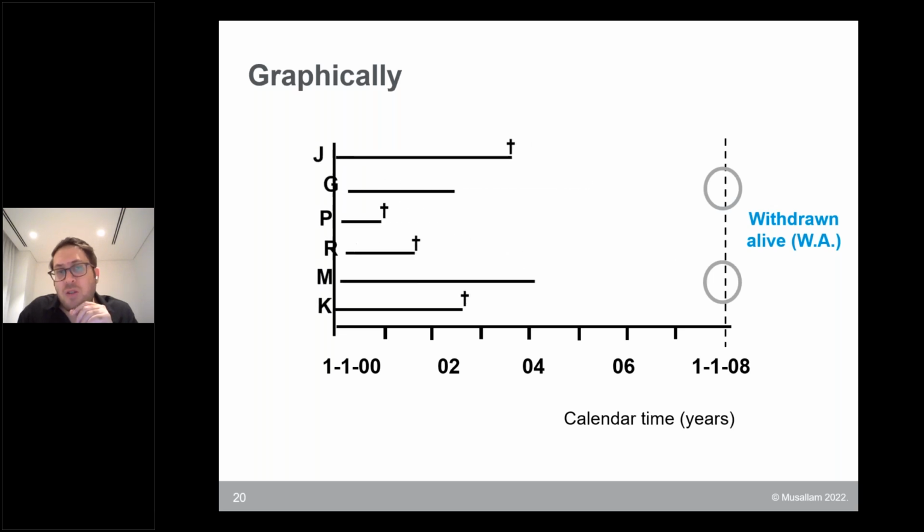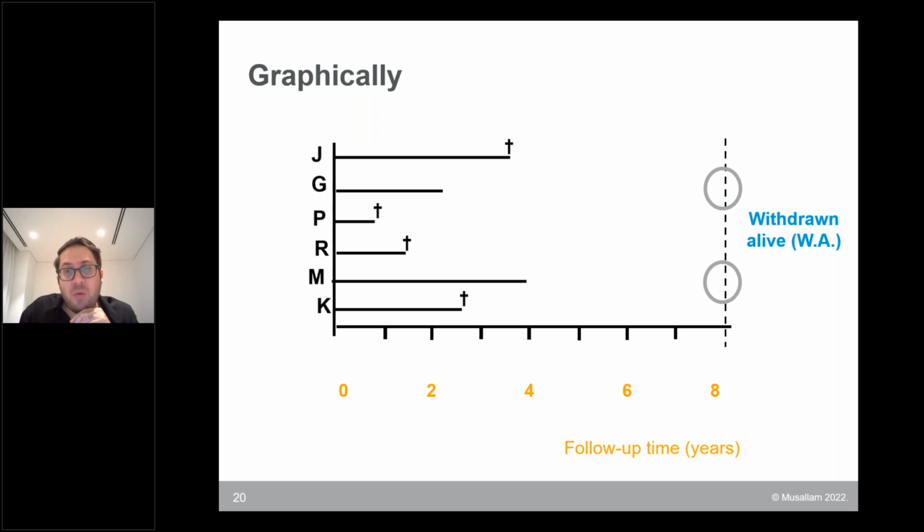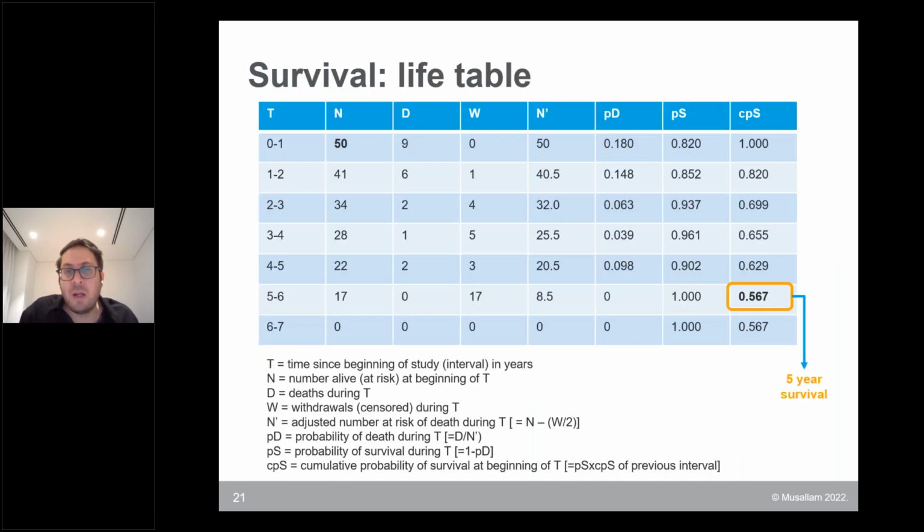But what the survival analysis is doing is taking everything backwards, as if everyone started at the same time 0, and then we follow up per years or months, not on a calendar year where everyone started differently. And that is what allows us to compare survival between these patients, how long they were followed and how long they lasted in a study.